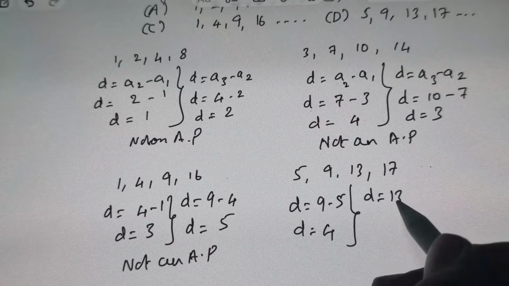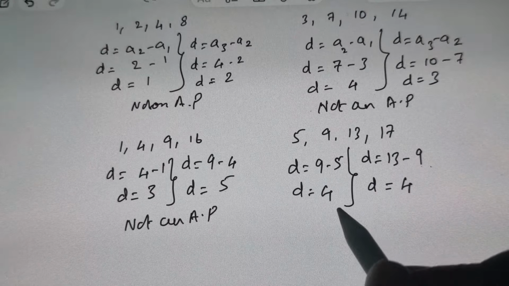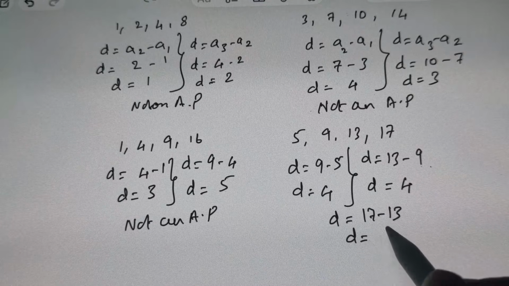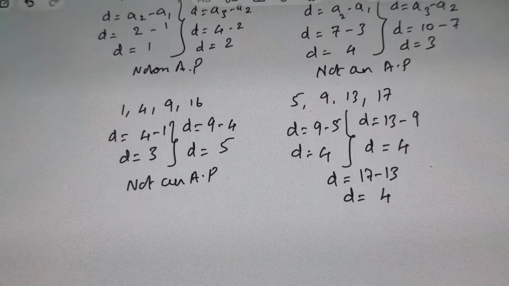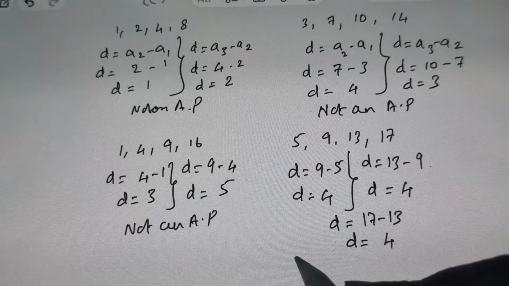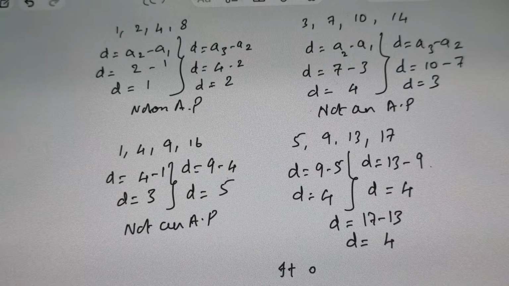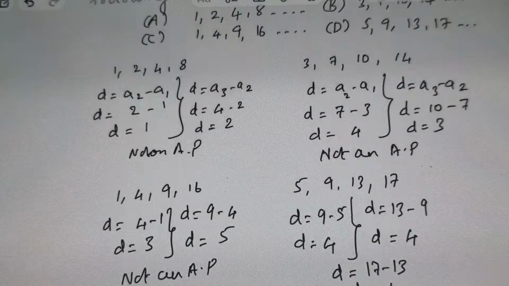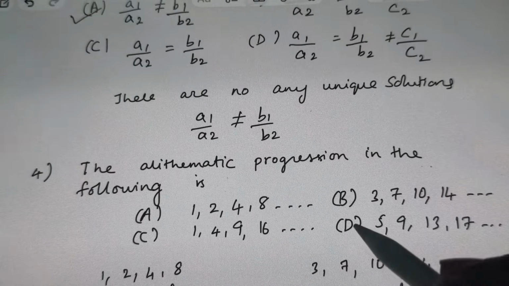Similarly, D equals 13 minus 9, D equals 4. Also D equals 17 minus 13, so D equals 4. So the common difference is the same, therefore this series is an AP. So with the calculation, it is clear that D is the right answer. We have to tick D.